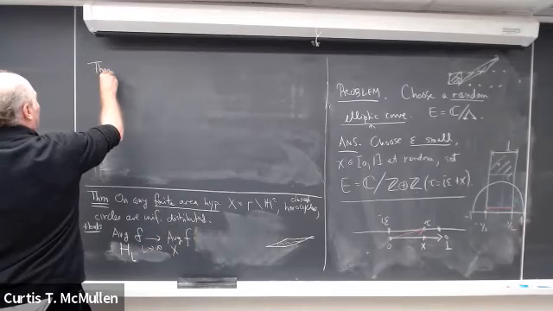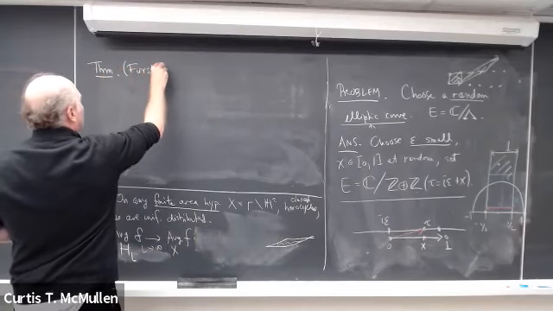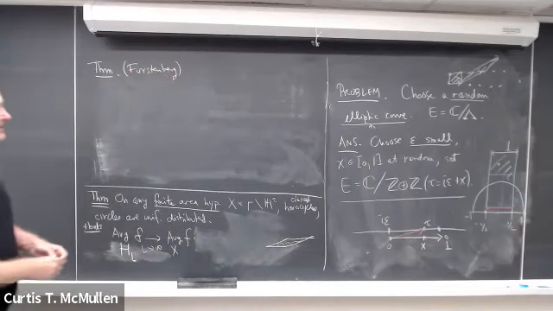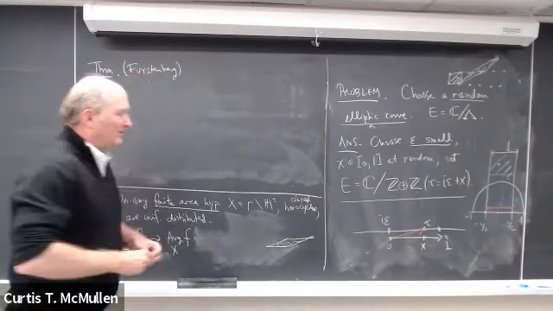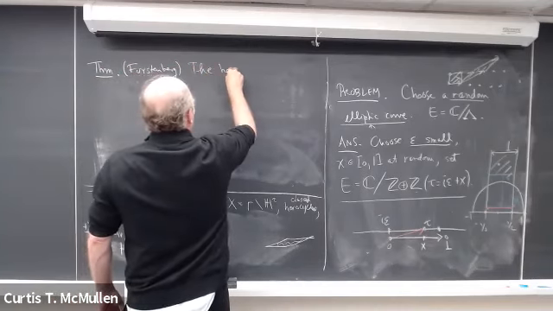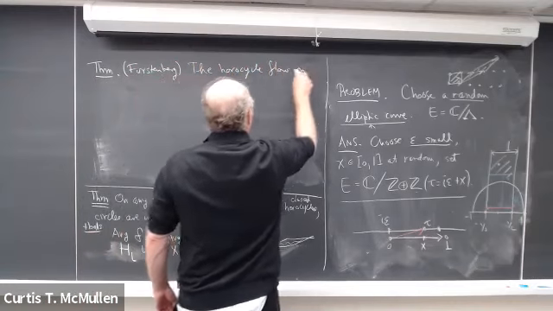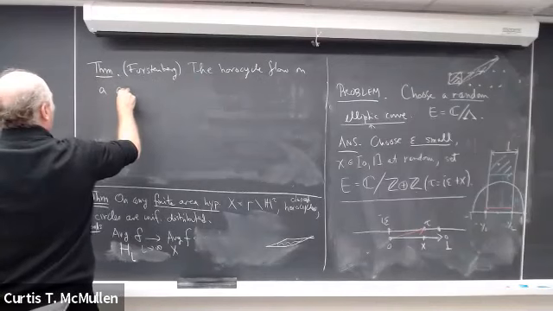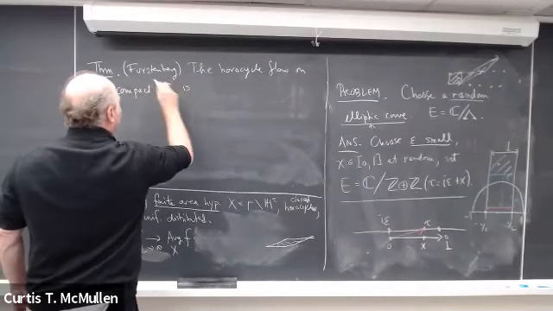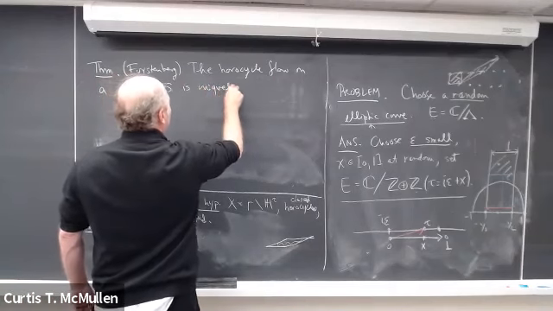So the first theorem, which was proved by Furstenberg, is, and now let me use the terminology we've used before, but not recently, in ergodic theory: the horocycle flow on a compact Riemann surface is uniquely ergodic.